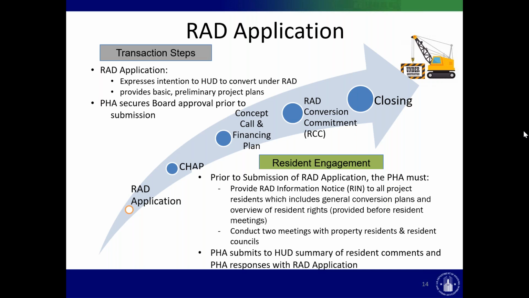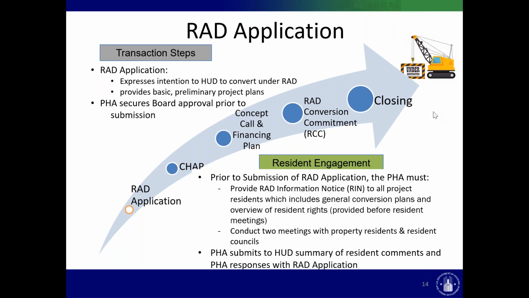Similarly, on the resident engagement side, before submitting the application, the PHA must provide a notice to residents called the RAD information notice, which provides residents general conversion plans and an overview of resident rights. And they must conduct at least 2 meetings with property residents and the resident council. The PHA then submits to HUD with their application a summary of resident comments and the PHA's responses to those comments within the RAD application.